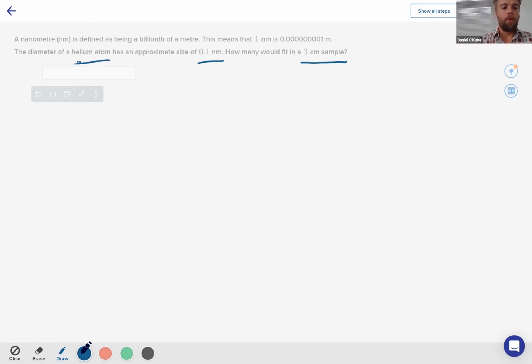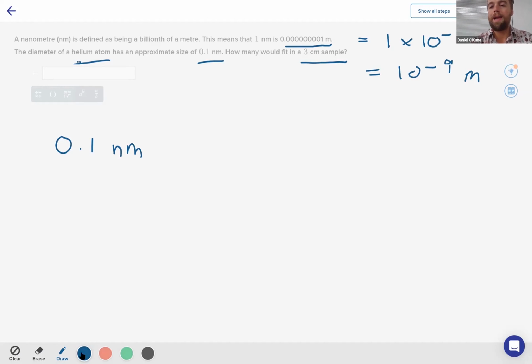So 0.1 nanometers, okay? I can write this number, 1 nanometer, as 1 by 10 to the power of -9, okay? And you can also write that as just 10 to the power of -9 meters. That is the size of 1 nanometer in meters.